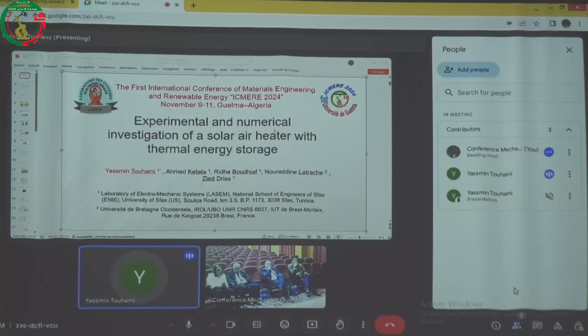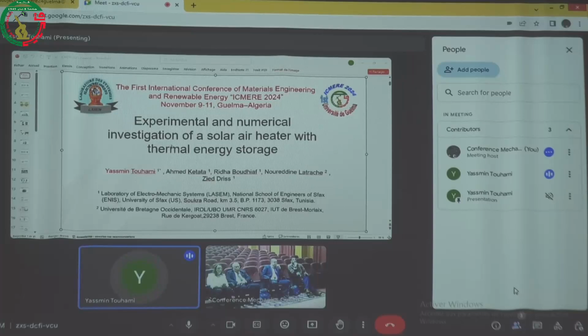Let's start with the general introduction. We can say that all energy such as wind, fossil fuel, hydroelectricity and biomass originates from sunlight. Solar energy can satisfy the whole world energy demand, which is rapidly rising due to population growth. So it is now necessary to move to renewable energy, especially solar energy.